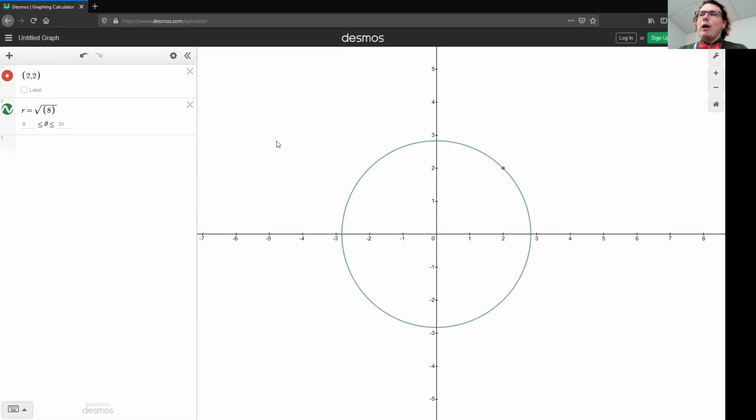So if I went the other way, how could I figure out what my x and y coordinates are supposed to be? And the trick to this all comes down to trigonometry.